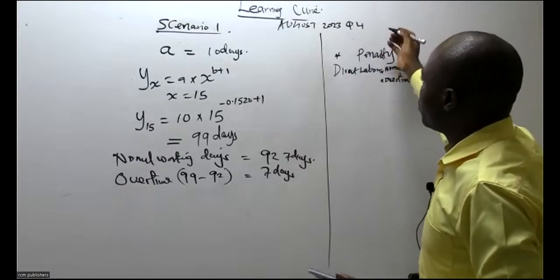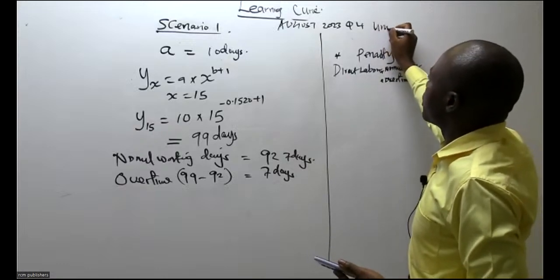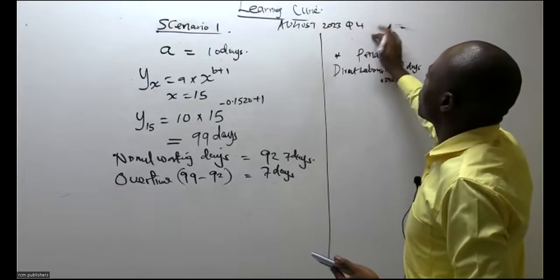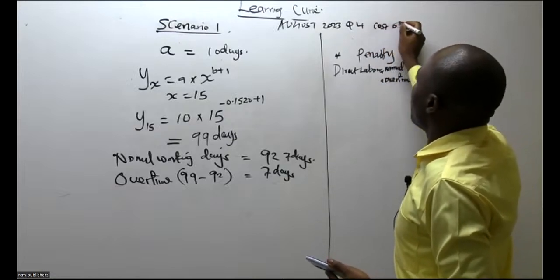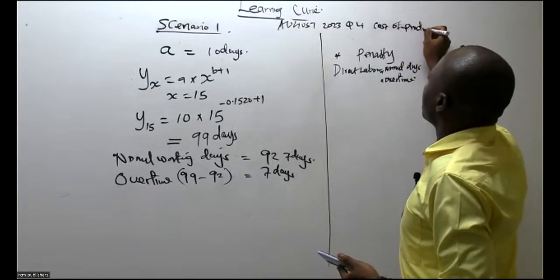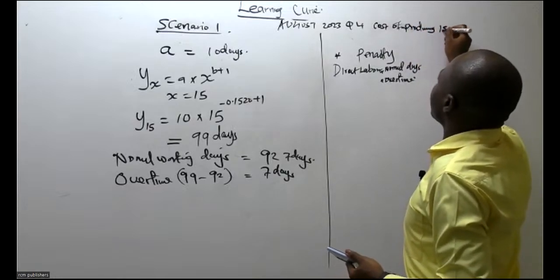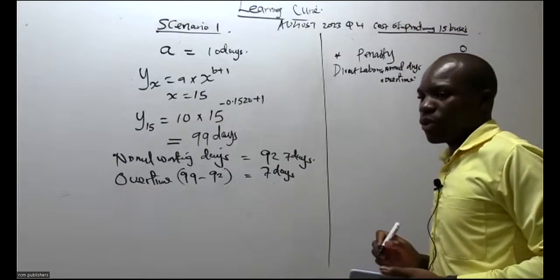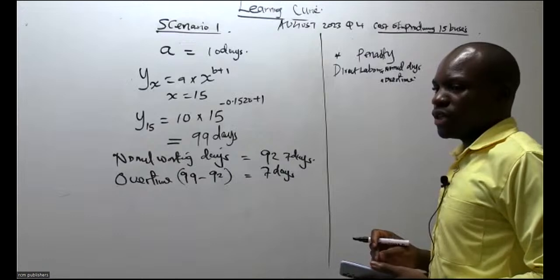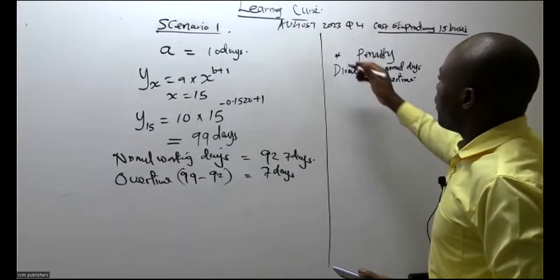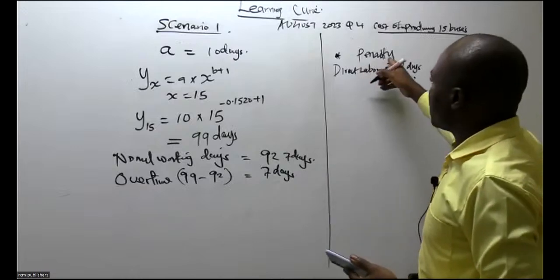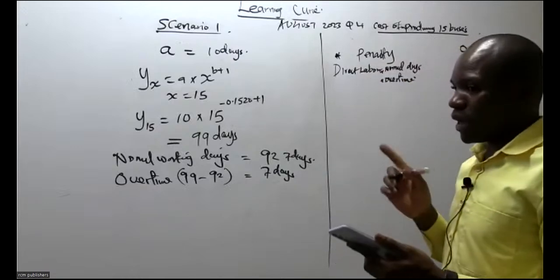Basically, our interest here is to get the cost of producing 15 buses. Tunaelewana hapo? They have decided to produce all of them within the time allowed, so the penalty will be 0 because no bus will be pending.